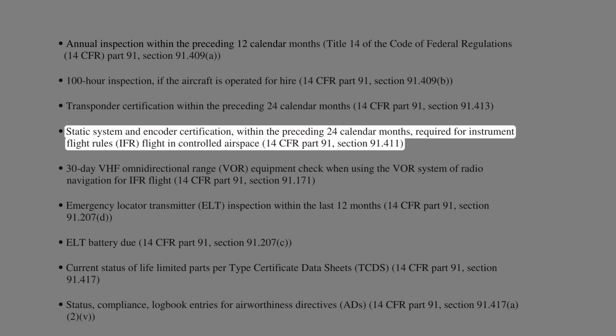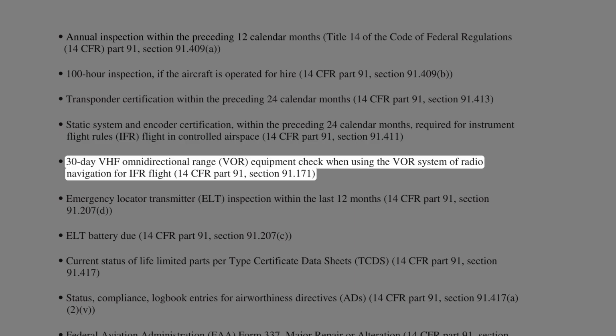Static system and encoder certification within the preceding 24 calendar months, required for instrument flight rules, IFR, flight in controlled airspace, 14 CFR Part 91, Section 91.411. 30-day VHF omnidirectional range, VOR, equipment check when using the VOR system of radio navigation for IFR flight, 14 CFR Part 91, Section 91.171.